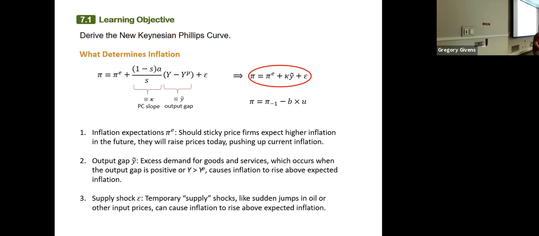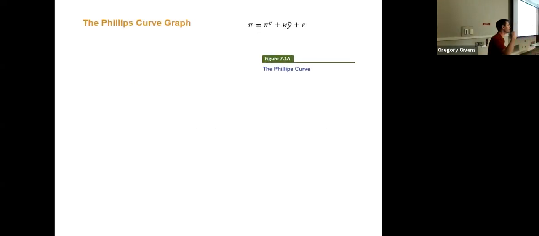Most of the time, dare I say all of the time, I'm going to ask you to work with a graphical representation of the Phillips curve. And that's, by the way, one of the reasons why I want to focus on this new Keynesian model, because even though it can be derived from this nice story about how firms behave, we can depict the key relationships graphically in a way that might be a bit more intuitive for undergraduate students, okay?